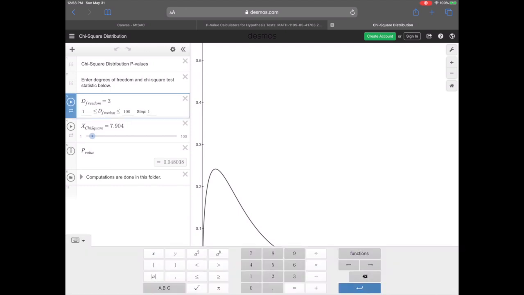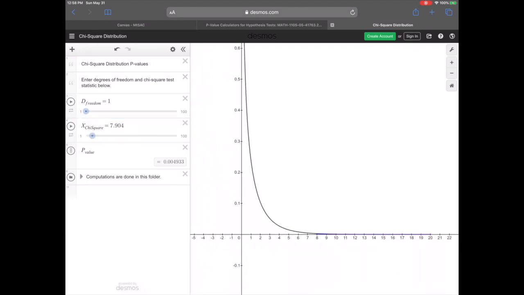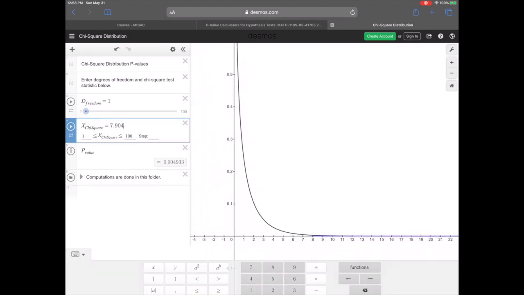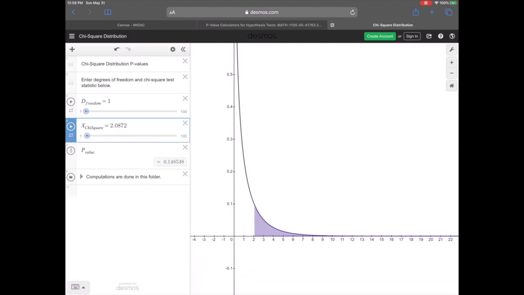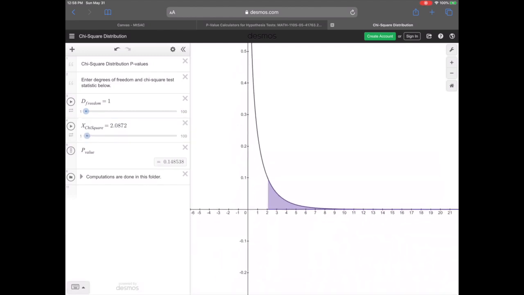We've already decided that this had 1 degree of freedom. Let me zoom out on that. There you go. And then our chi-square statistic we'll put in here. I think it was 2.0872. Oops, there's a problem. P-value, something's wrong.